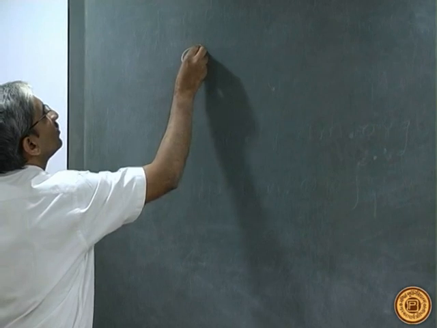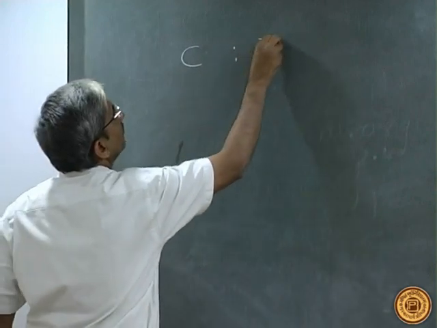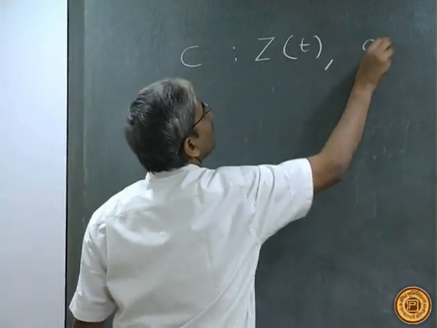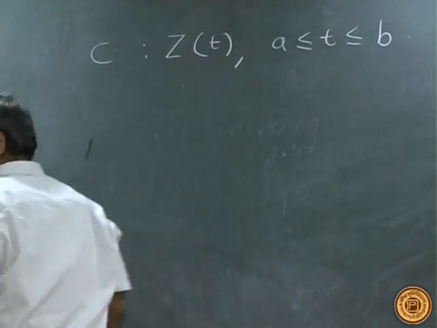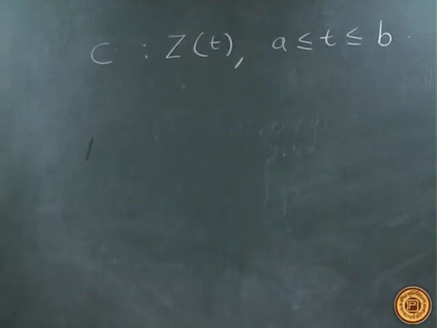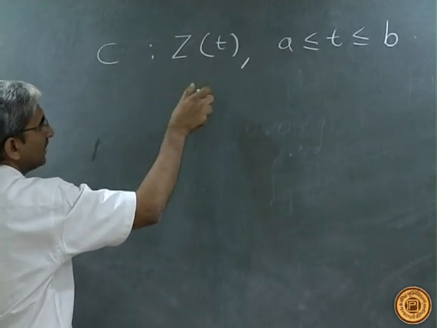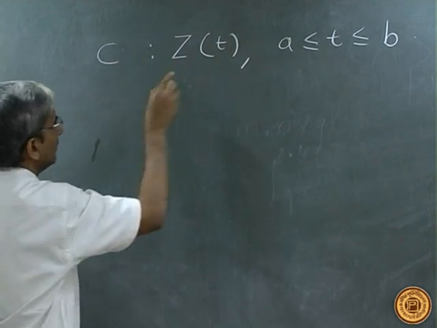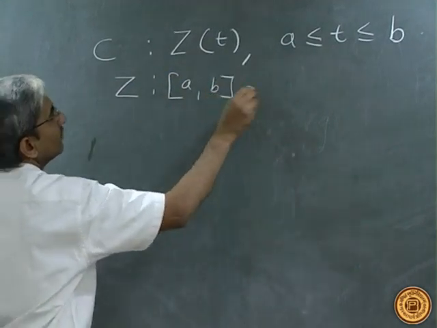Normally we denote contours by letters like C, and they are given by the function z(t) over a certain interval a ≤ t ≤ b. This is a continuous function of the type x(t) + i y(t), because this contour is in C. So this z function is from the interval [a, b] to C.